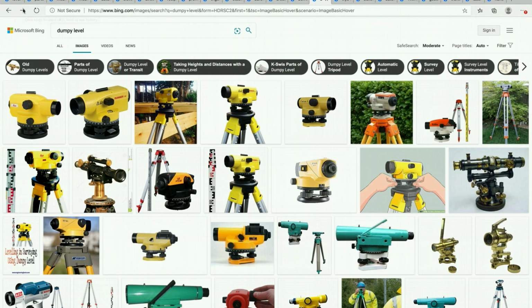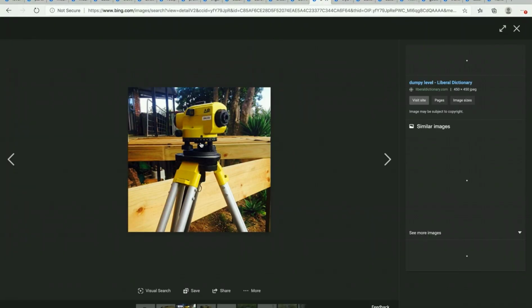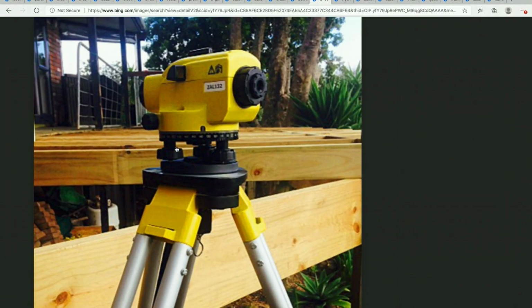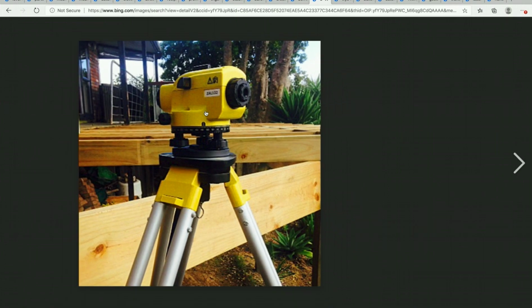This is a dumpy level because you have the screws. This one is used to level the instrument horizontally.